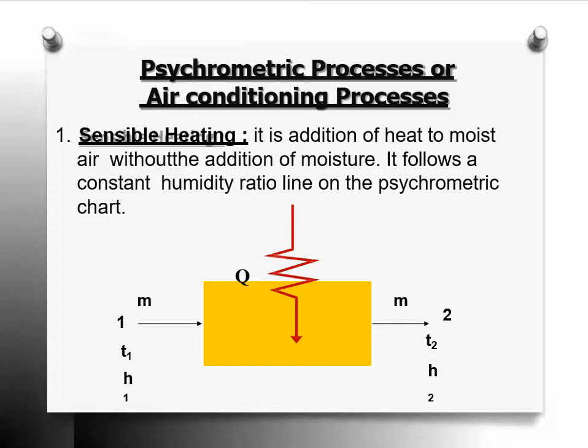In this diagram you can see that heat is added to a block having the masses m1 and m2. Inward is m1 and outward is m2, and the inward temperature is T1 and outward temperature is T2. Here enthalpy is H1 and H2.